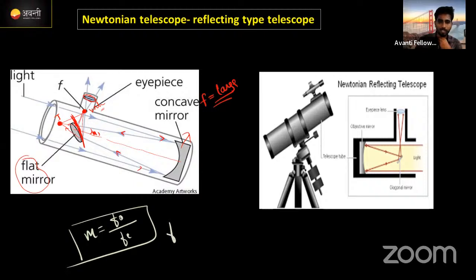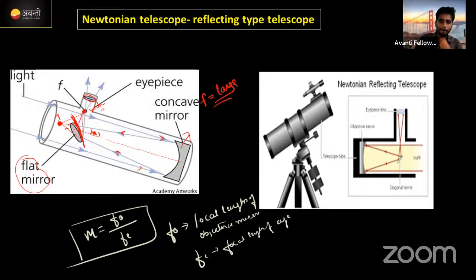Here f naught refers to the focal length of the objective mirror, and fe refers to the focal length of the eyepiece. Clear enough? I hope you understood this well. This is all about the concept.